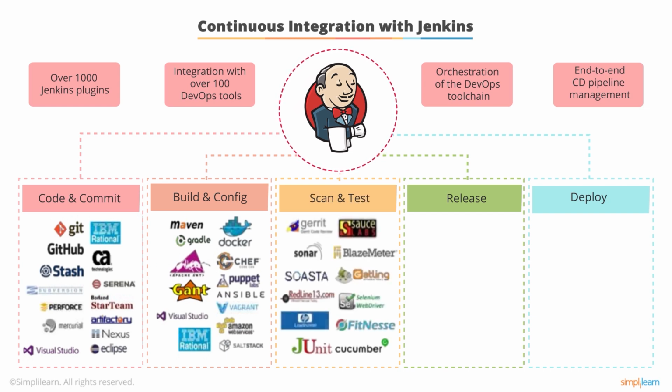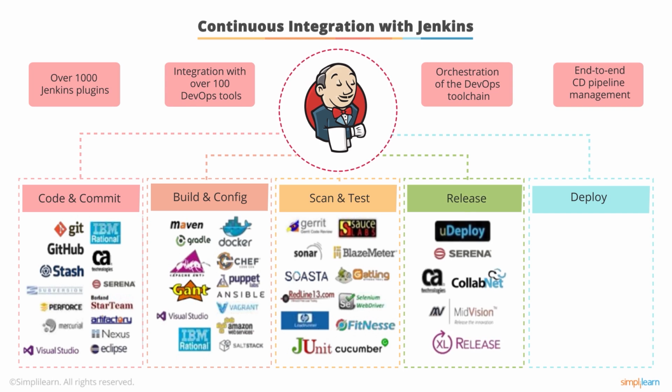During the scan and testing phase, you'll integrate Jenkins with testing tools such as JUnit, JMeter, Cucumber, or MS Test. Front-end testing can be conducted using Selenium, Appium, SauceLab, or Hewlett-Packard products. The purpose of scan and test is to make sure the code meets quality standards and is safe to move forward in the CI/CD process.